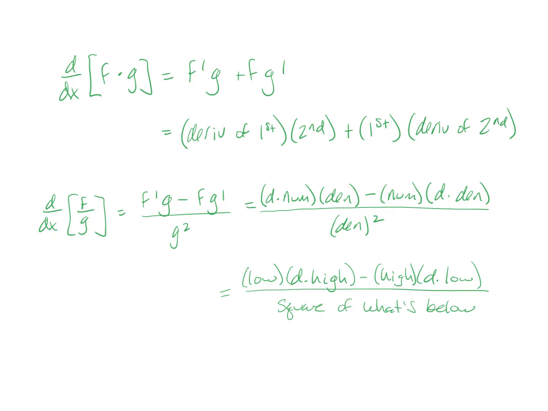This just changed the order: derivative of the numerator times the denominator. Multiplication is commutative, so to make the rhyme, they wrote low first. So they did low d high minus high d low over the square of what's below. But these are the same.